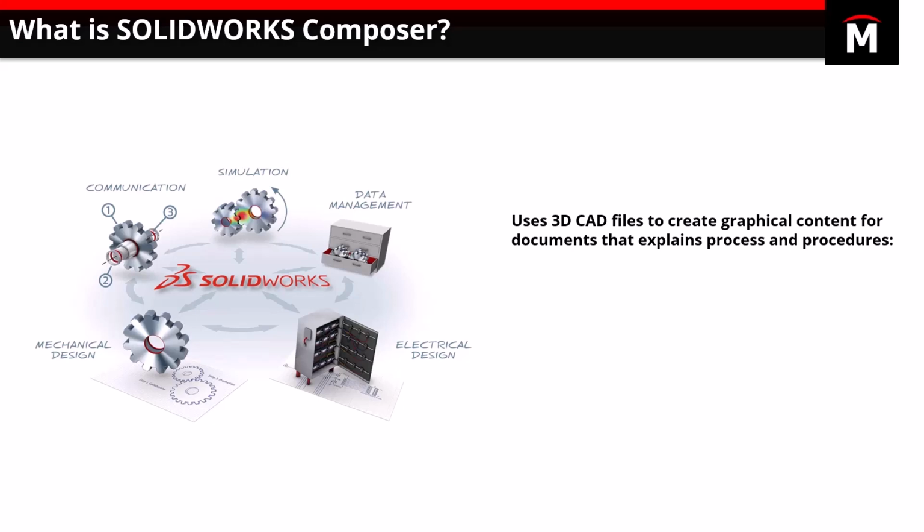Composer will also allow us to add additional types of information such as arrows and text. There's a whole variety of different types of information we can add to create this rich graphical content. Once completed, we can then export that graphical content for written documents that explain certain processes and procedures.